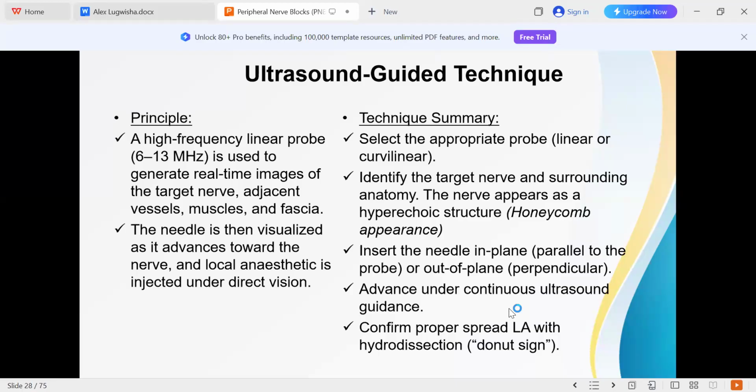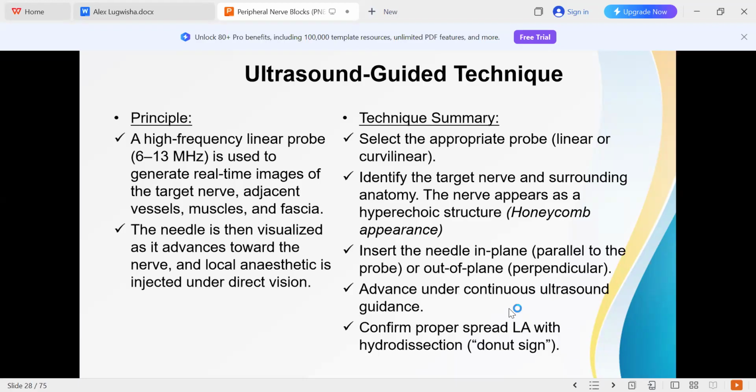Identify the target nerve and surrounding anatomy, and the nerve will appear like a honeycomb, hypoechoic structure, especially if you are using the in-plane technique. So you insert the needle in-plane, parallel to the probe, and advance your needle under continuous ultrasound guidance.